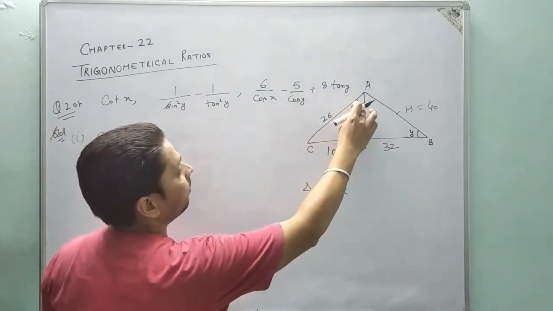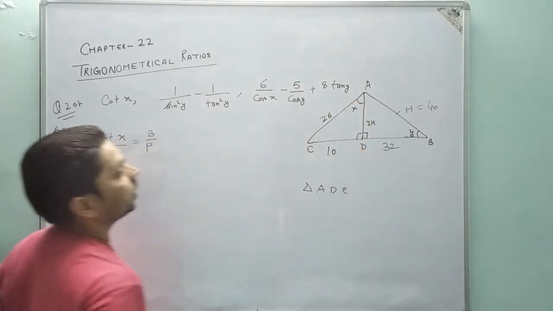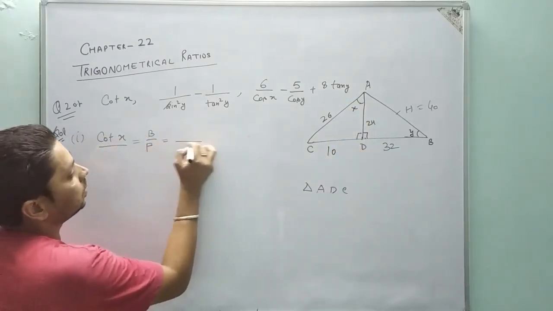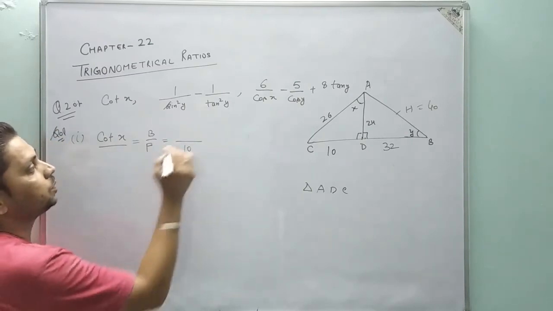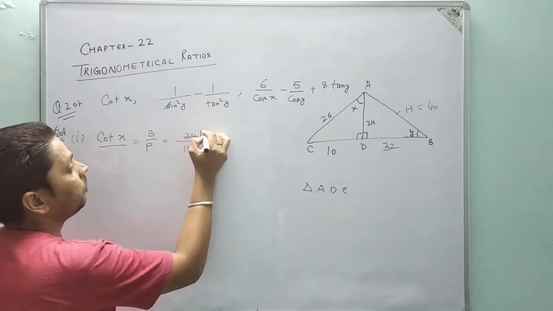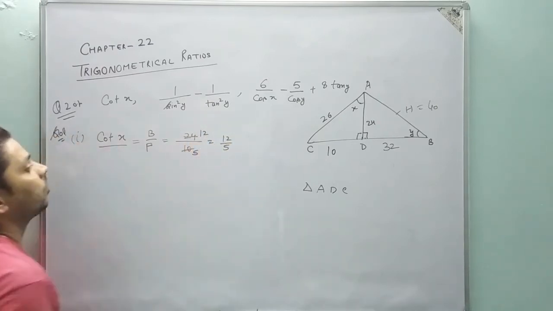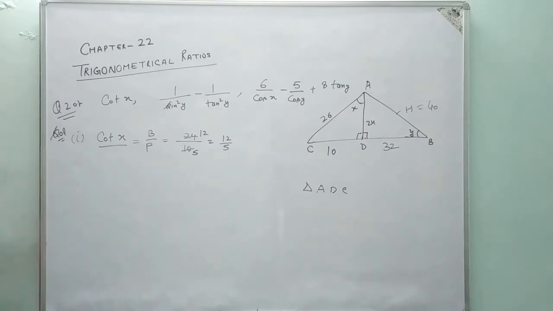For this we have perpendicular equal to 10 and base is 24. It will give you 12 upon 5. Cot of x is equal to 12 upon 5.